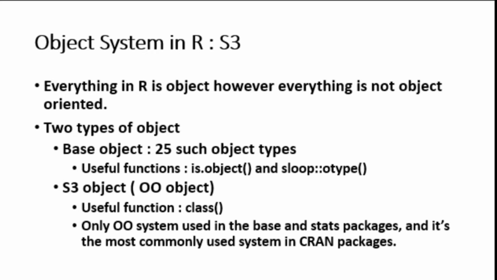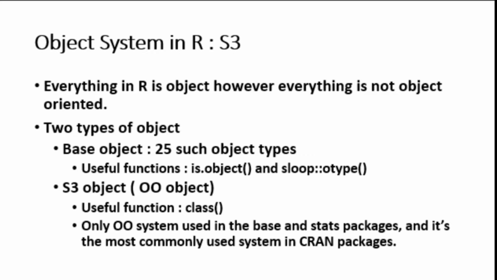Well, after having discussed the basic concept of object-oriented programming, let us now examine how these concepts are implemented in S3, which is the original object-oriented system in R. Everything in R is an object, however everything is not object-oriented.